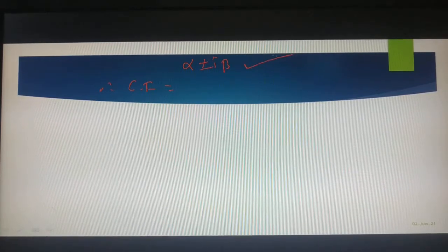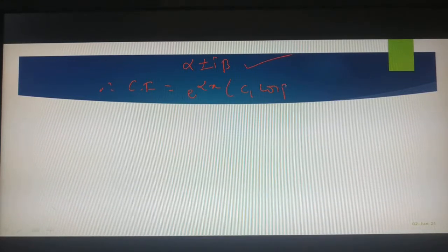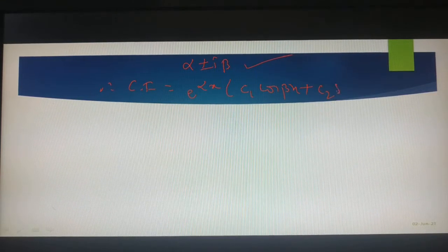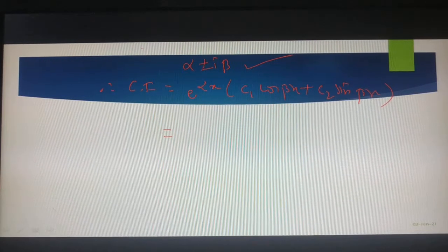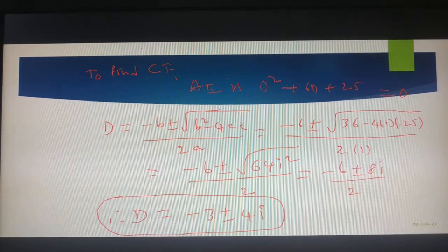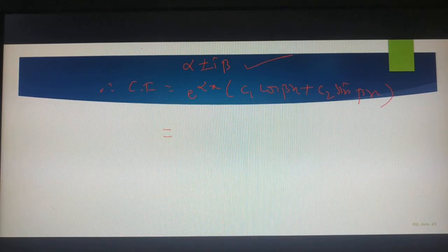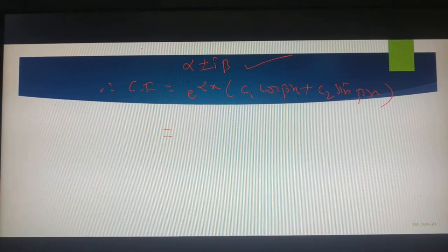For a complex root of the standard form alpha plus or minus i beta, the formula is e power alpha x into c1 cos beta x plus c2 sin beta x. So let's substitute here. In this case we have minus 3 plus or minus 4i, correct?